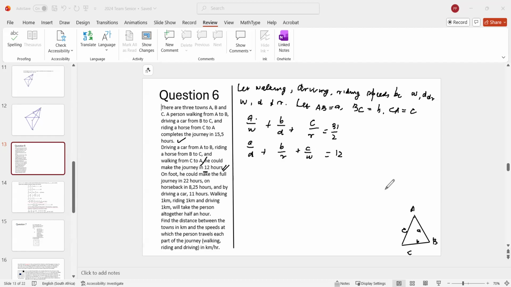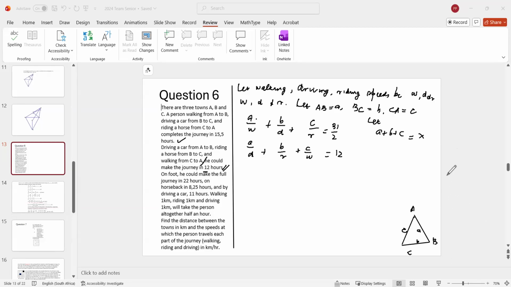So the full journey, if he walks throughout, the total distance he traveled is A plus B plus C. Let's give a name to this. Let A plus B plus C be equal to, say, X. So that's the full journey.